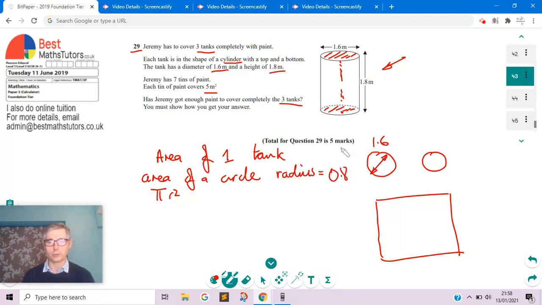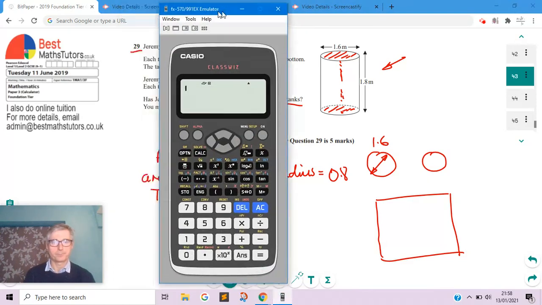That's probably one of the pitfalls, mistakes they're trying to make us make there. So we can say the area of a circle of that radius is equal to pi times 0.8 squared. So let's just do that on the calculator.